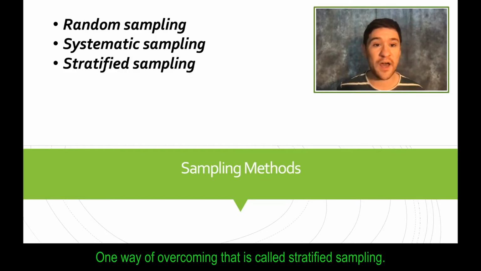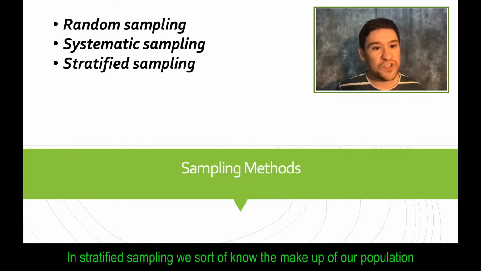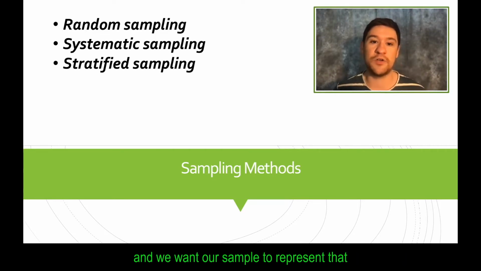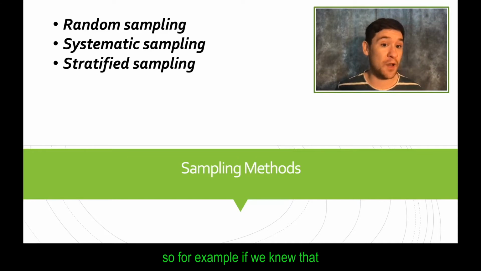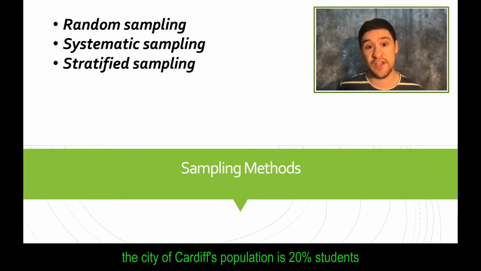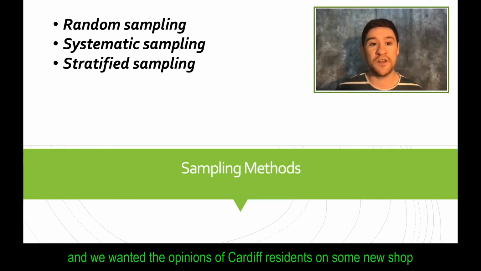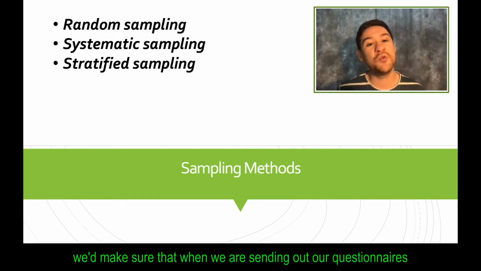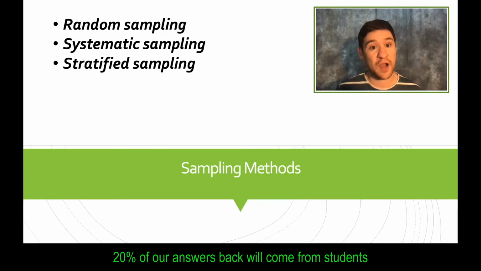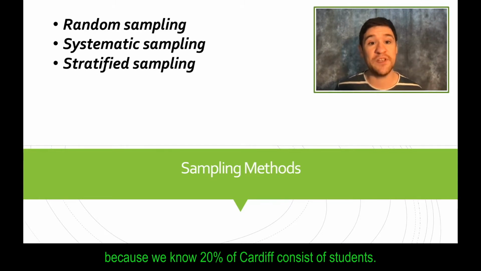One way of overcoming that is called stratified sampling. In stratified sampling, we know the makeup of our population and we want our sample to represent that. For example, if we knew that the city of Cardiff's population is 20% students and we wanted the opinions of Cardiff residents on some new shop, we'd make sure that when we are sending out our questionnaires, 20% of our answers back will come from students, because we know 20% of Cardiff consists of students.